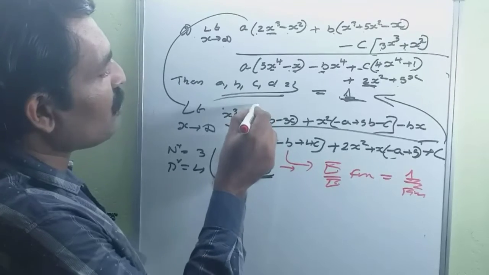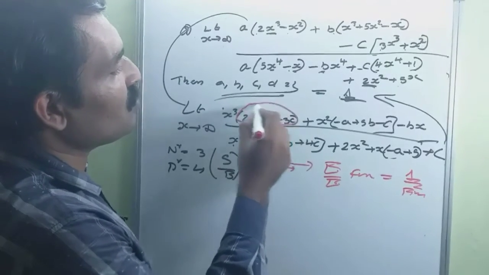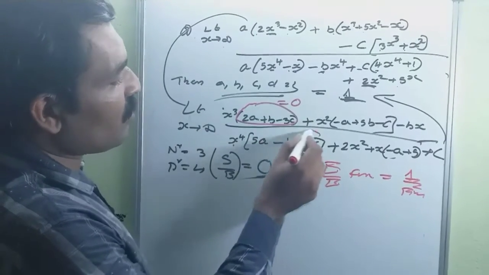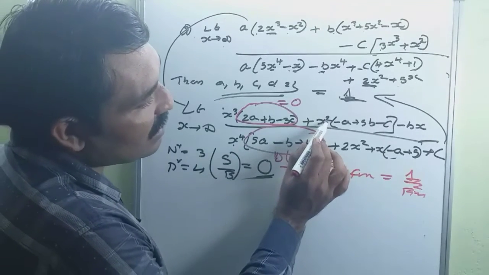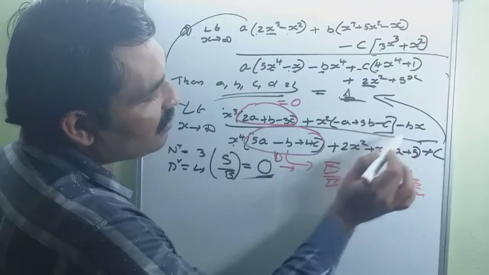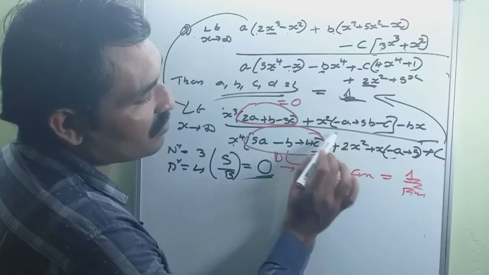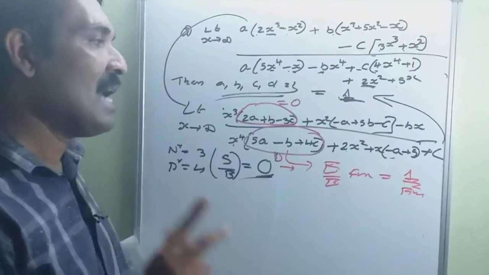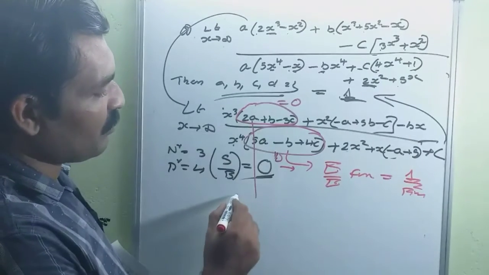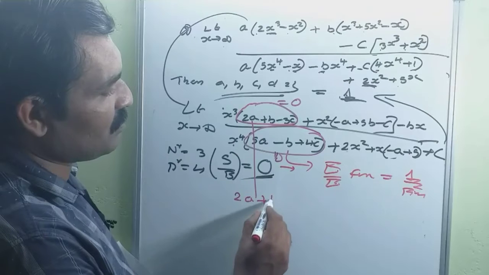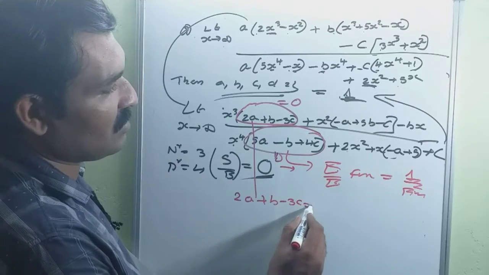For that, the coefficient of x cube is equal to 0 and the coefficient of x raised to 4 is equal to 0. Then the remaining term is the numerator x square, and the denominator is all x square term. So this expression is converted into a second degree expression. So we can put 2a plus b minus 3c is equal to 0.